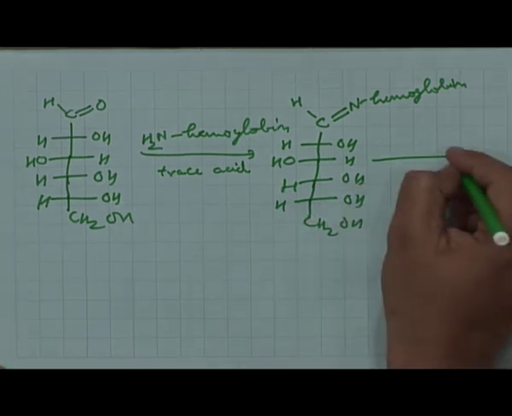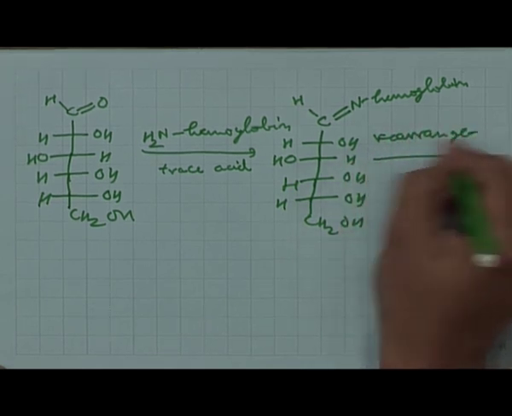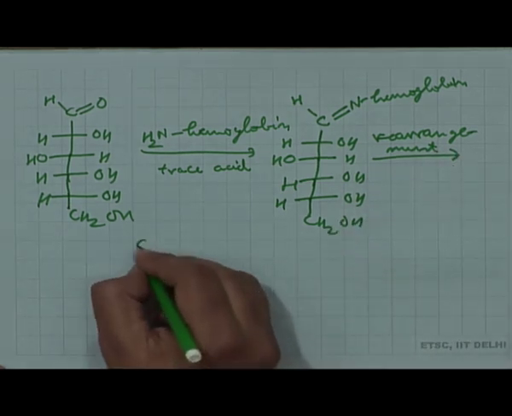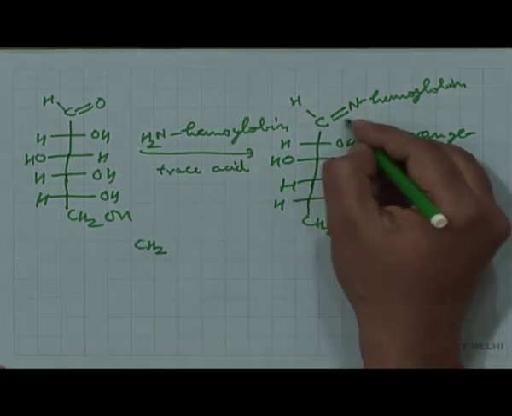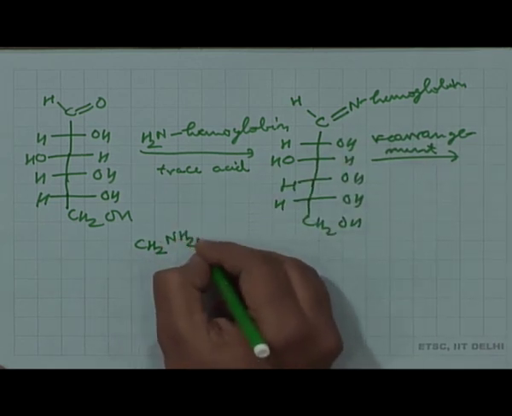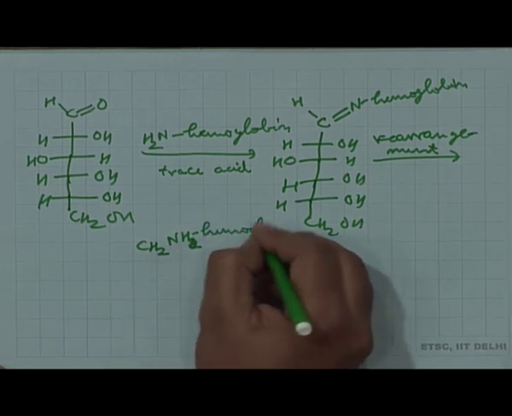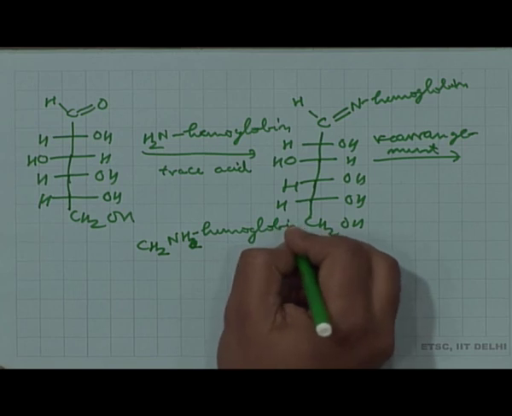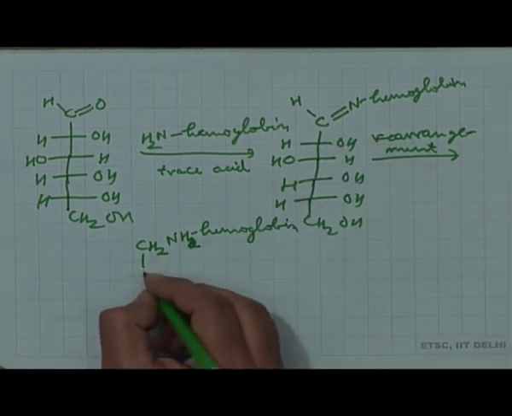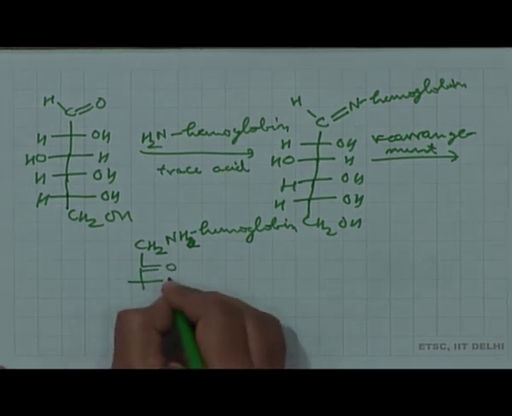Now, this will go for the rearrangement, and it will get converted to the corresponding amine, CH2NH-hemoglobin, and this internal alpha position hydroxyl will get converted to the carbonyl.